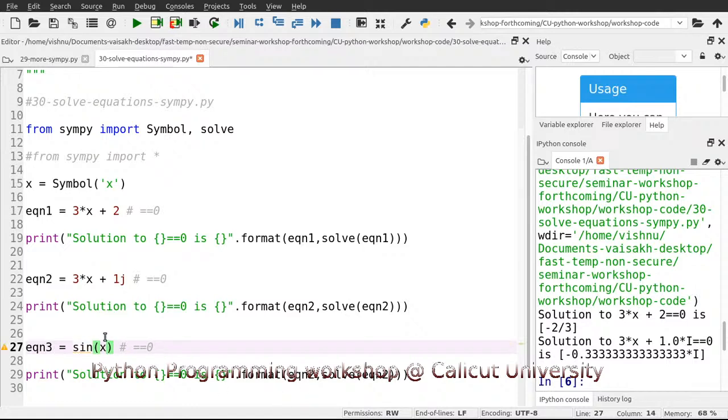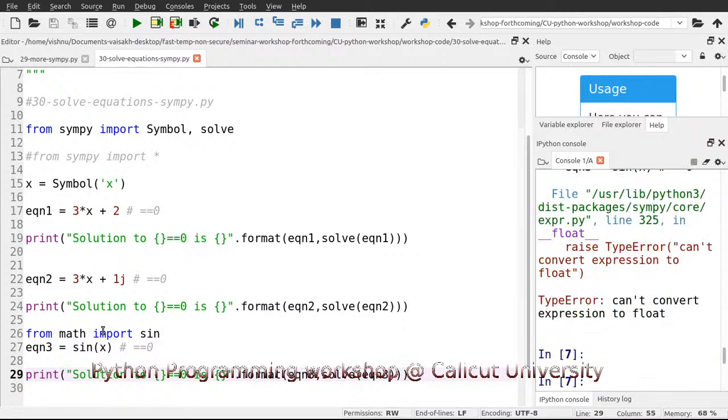Let's see. But sine is not important. I don't know whether sine is available already in the sympy library. Okay, from math, import sin. Just try to see if it's working or not. Oh no, sin is required.